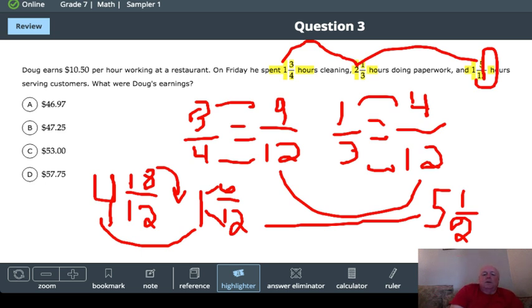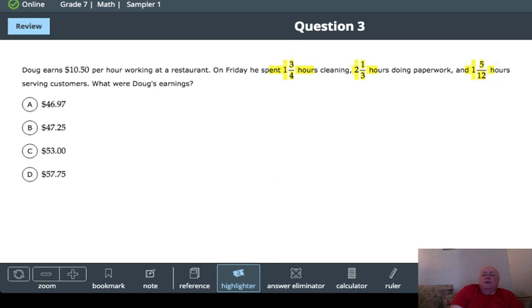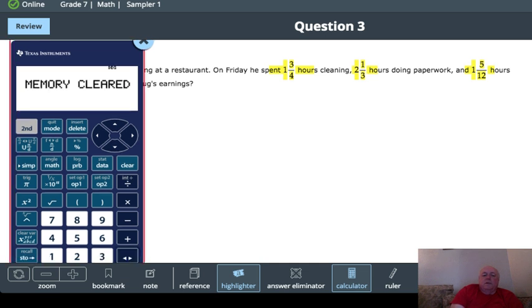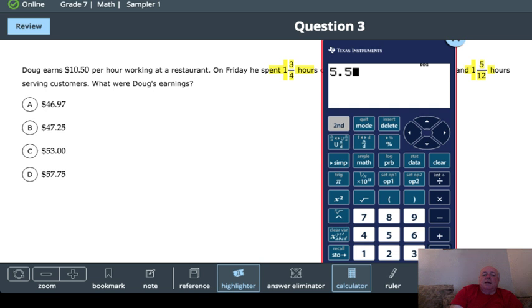Okay, so now what we have to do is multiply. I'm going to bring up a calculator here. We have 5.5, and we still have the $10.50 over here.